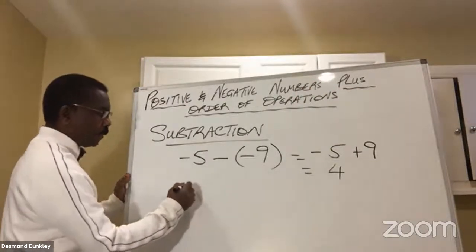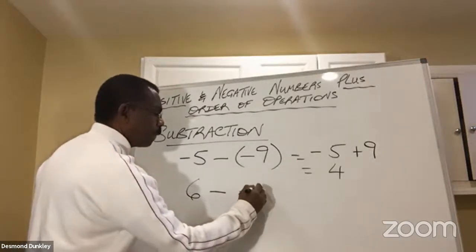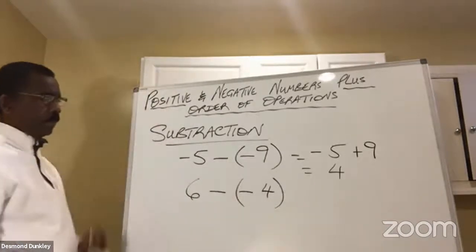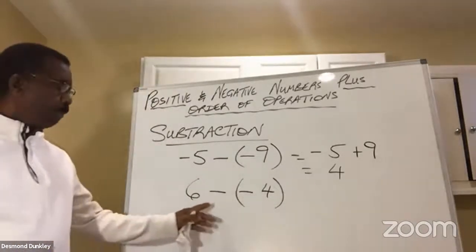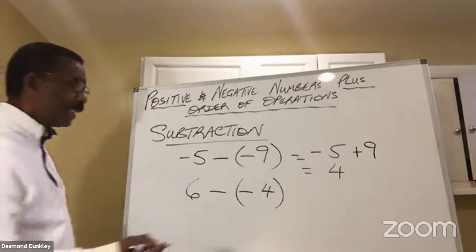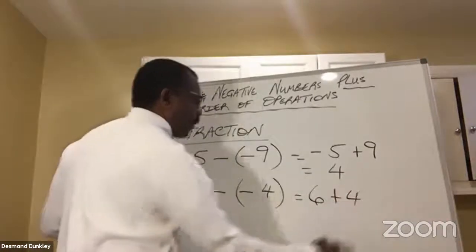So if I gave you 6 take away -4. So 6 minus -4, by now you realize it's going to be 6 + 4.